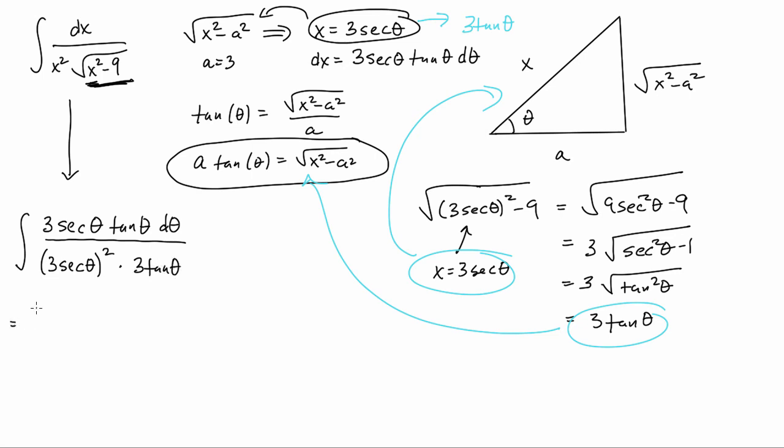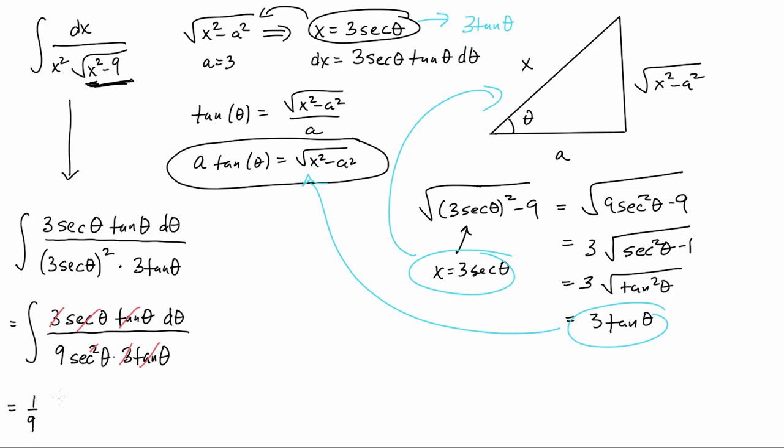All right, let's do a little bit of simplification here. The bottom becomes 9 secant squared theta times 3 tangent theta. We should be able to make a lot of cancellations at this point. That leaves us with a 9 in the bottom, so I'm going to bring that outside the integral, and a 1 over secant theta left for my integral.